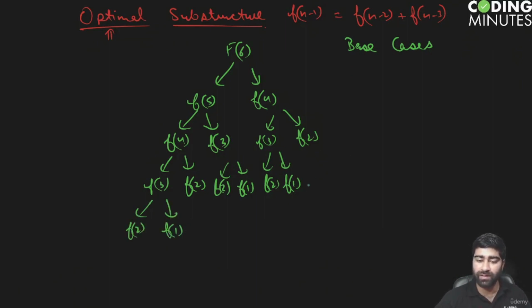You can easily see that all the leaf nodes in this tree are base cases because they cannot be further divided down as I know their values. In a Fibonacci number, the first two terms are both 1s, right? Great. So f of 1 is 1 and f of 2 is also 1.